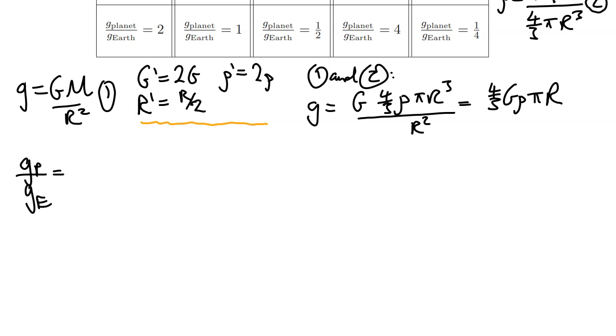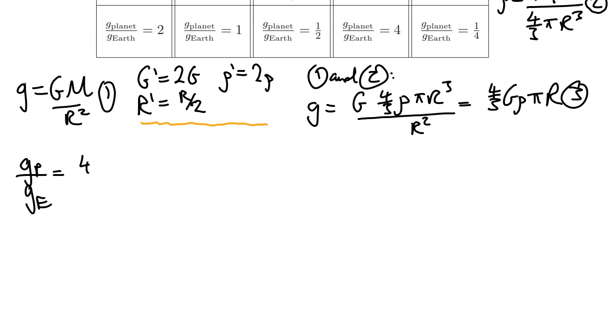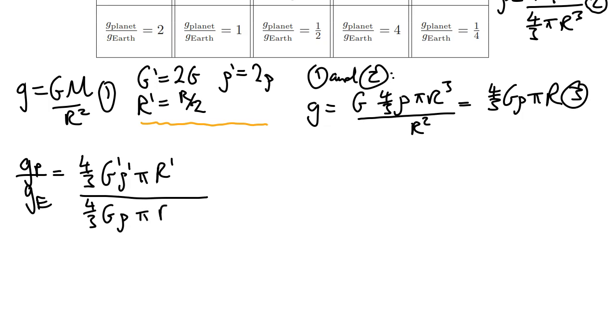So using our nice new equation here, which I'll call equation 3, GP equals 4/3 big G dash, because this is the planet in a different universe, rho dash pi r dash, divided by g of Earth, which is nice and simple, 4/3 G rho pi r.